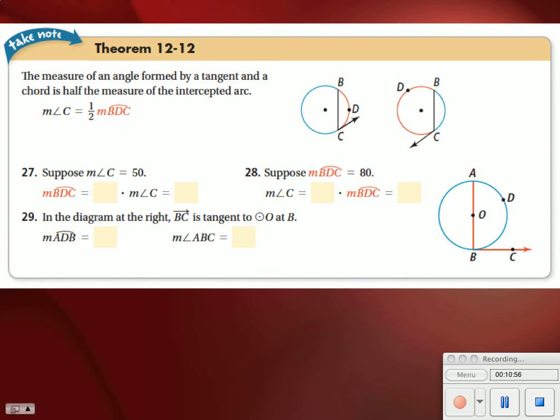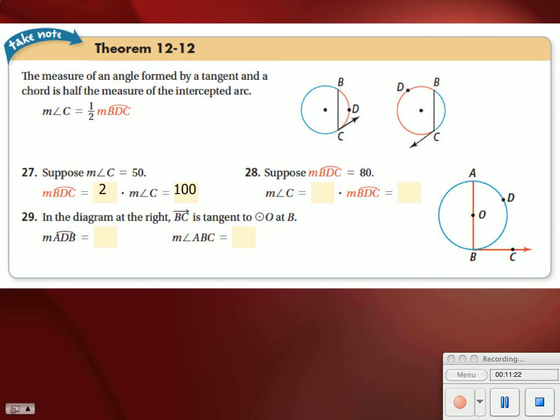So we have to pay attention to that. So suppose the measure of angle C is 50. What is the measure of arc BDC? Well, it's going to be twice the measure of angle C, or 100. Suppose the measure of arc BDC is 80. Well, the measure of angle C will be 1/2 of that measure, and it would be 40.